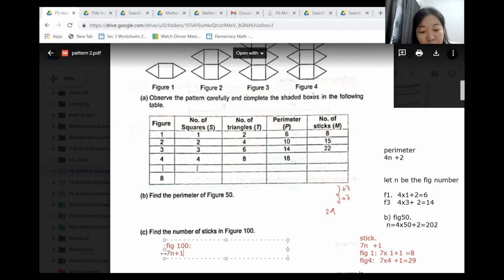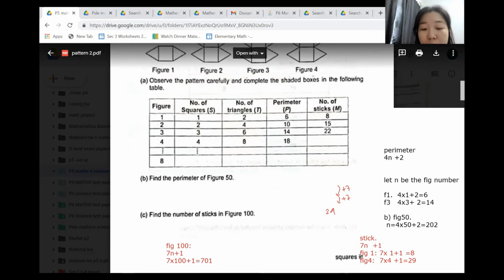So straight away I can take 100 times 7 and then I plus 1 and then I get 701. Because if you don't learn your n term, for figure 50, figure 100 confirm cannot do already, because you can't be listing until 100. If you want to list to 100, I think you have to give up on the question because it's taking too much time and it's normally only 2 marks or 1 mark for that one part.